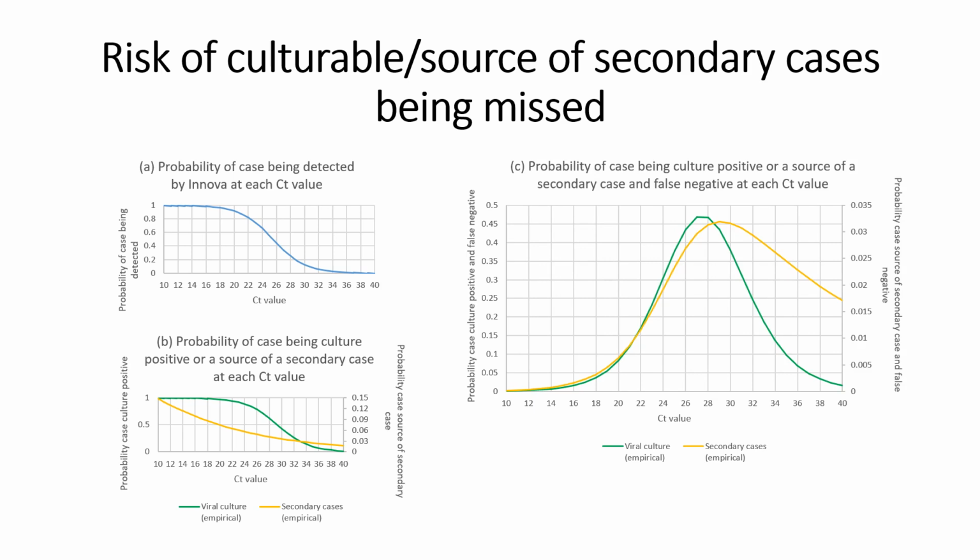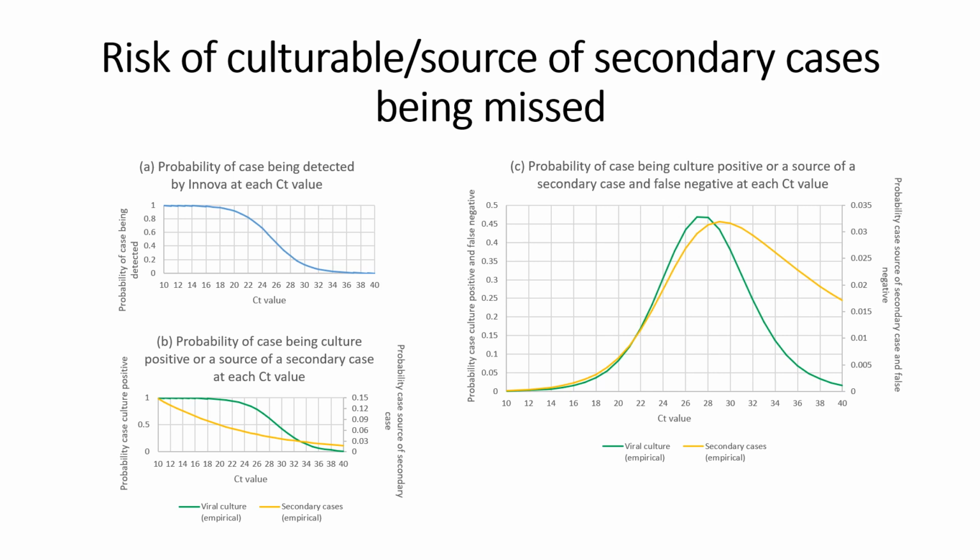The green line is our viral culture line, which shows that at low CT values, meaning high viral loads, even though those people have a very high chance of being culture positive, they're not going to be missed by the INNOVA test. But when we get into this zone between 22 and 34, we see an increase in chances of missing people who are going to be culture positive, up to a peak of nearly 50% for a CT value of 27, 28.